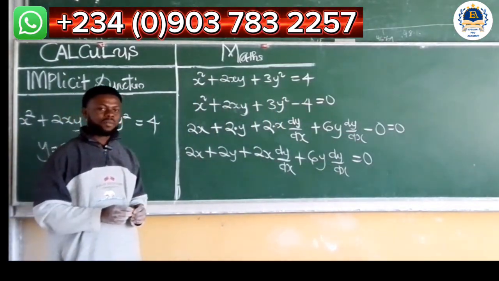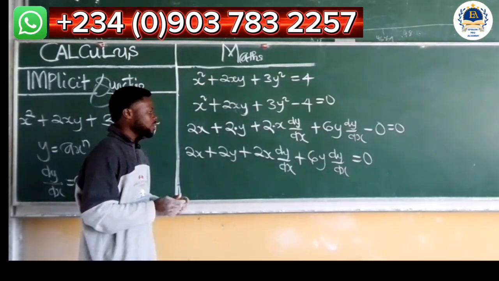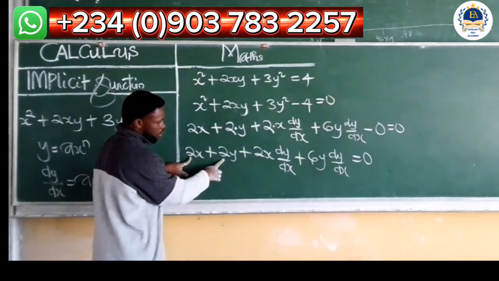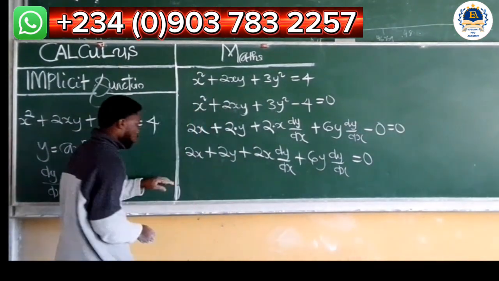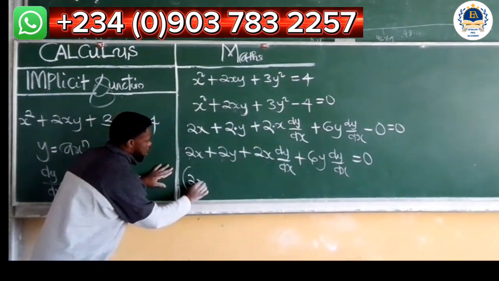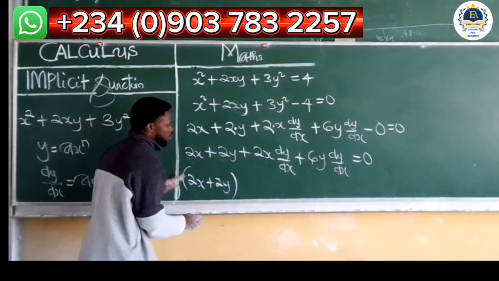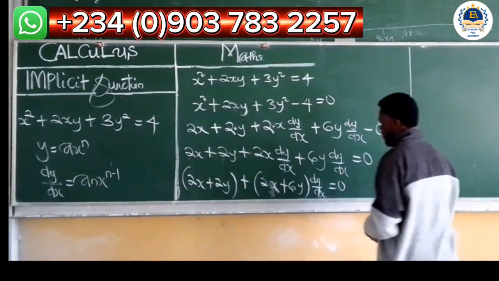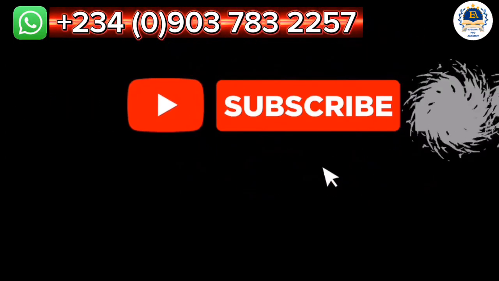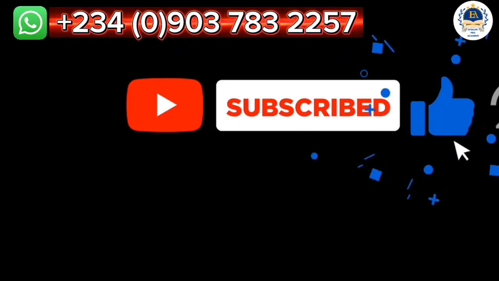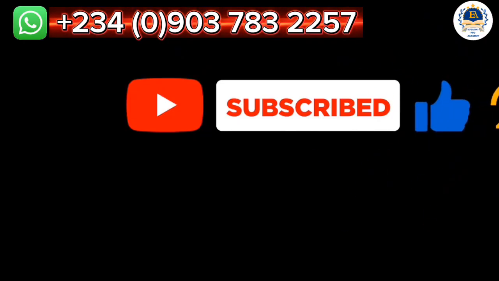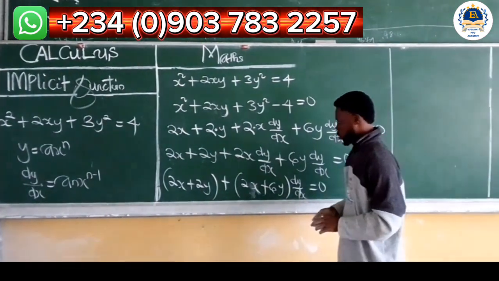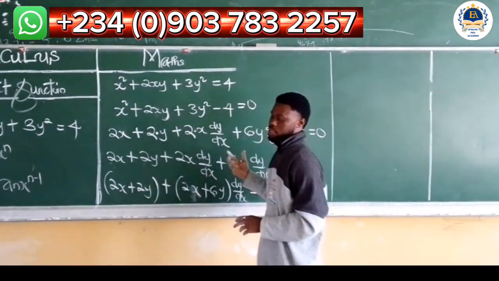Now let us group the derivation of x and y terms in brackets. So this is for x, this is for x, this is for y, this is for y. So we have for x, 2x plus 2y, plus is equal to 0. Next approach is to move this over to the right hand side.